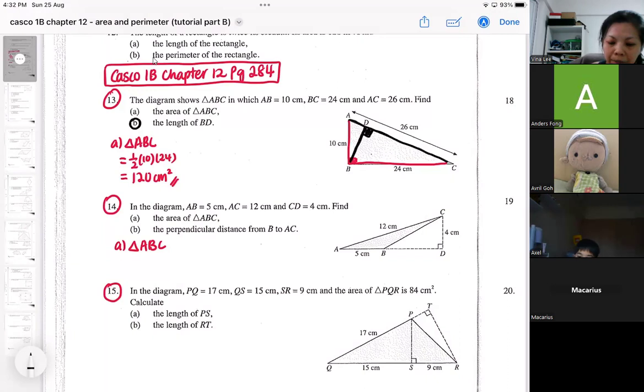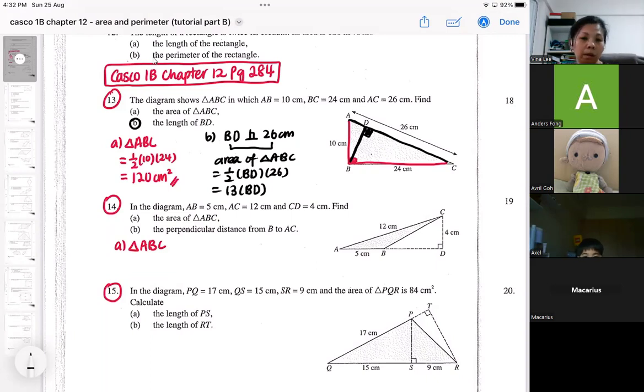You must realize that BD is perpendicular to 26, so this can be a base and height, which means I can find the same area using BD and 26.